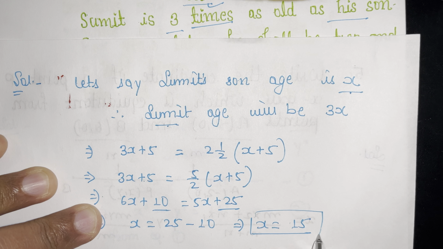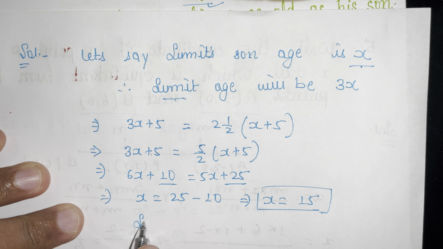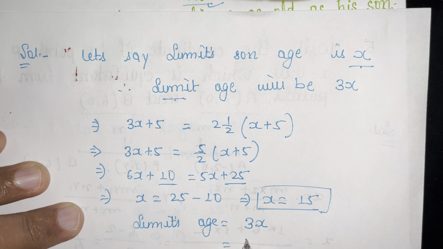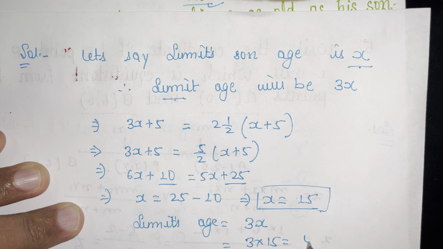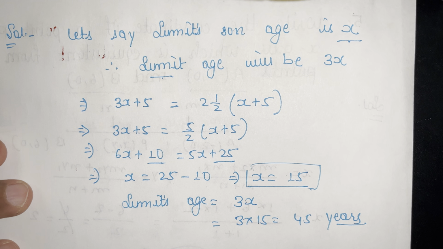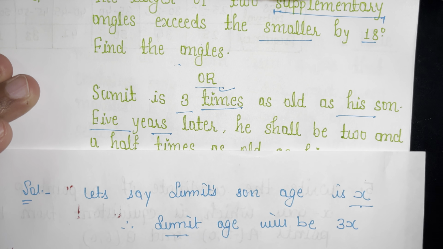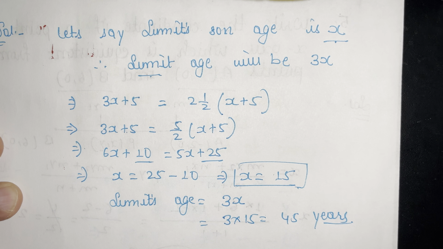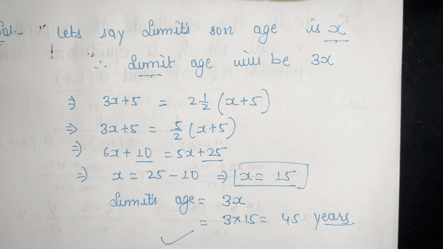So his son's age will be 15. Hence Sumit's age will be 3x of his son's, so that will be 3 into 15 equal to 45 years. Okay, so this is the OR part of this question. You can pause the video and check the complete answer.